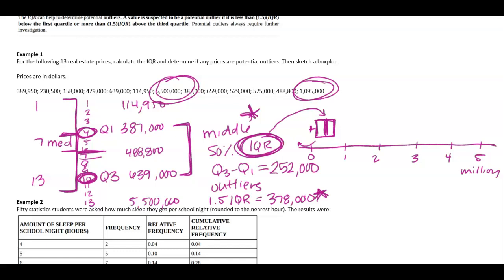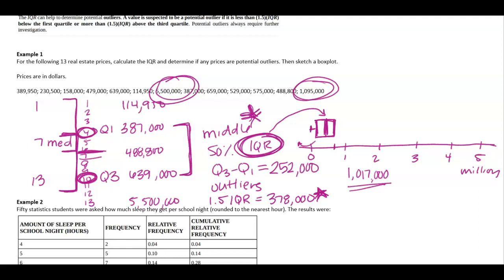But if I were to add 1.5 IQRs to Q3, I would get 1,017,000. So any house prices that are above this, we say are too far from being typical to be considered regular numbers in this data set.